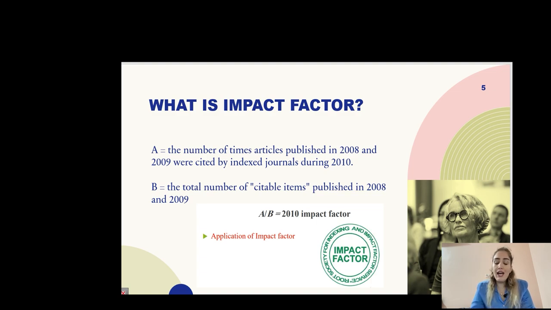We have two kinds of ISI journals: with impact factor and without impact factor.